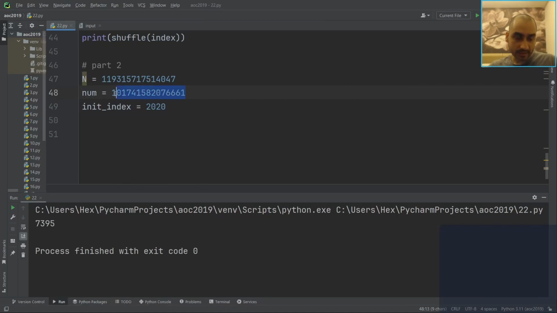Thousands, millions, billions. Yeah, obviously we can't. Okay, so how do I do exponentiation again?